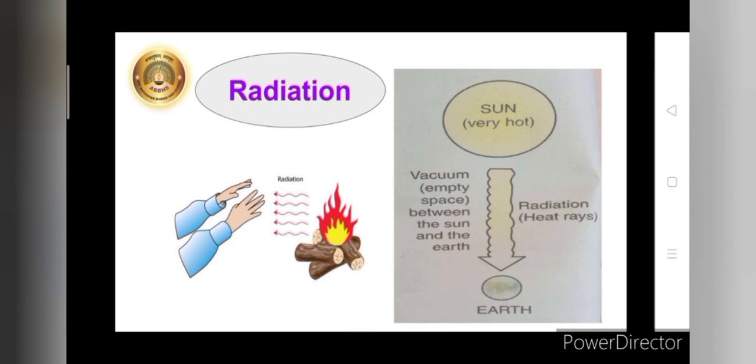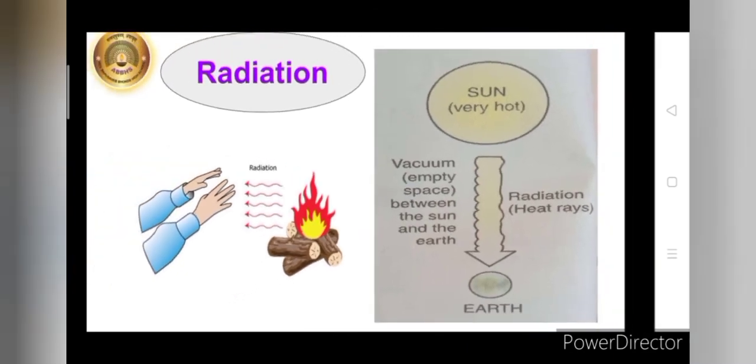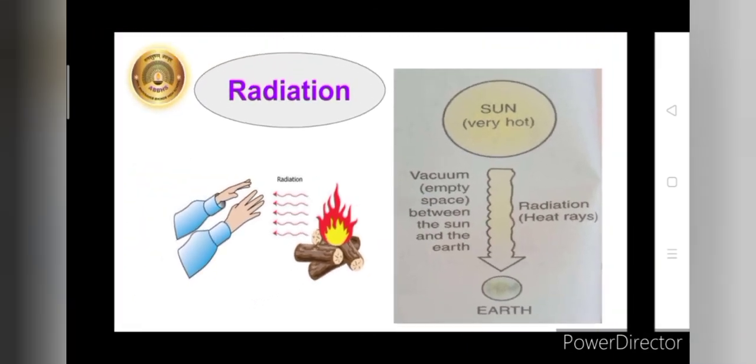Even then the heat reaches the earth because transfer of heat by radiation doesn't require any material medium. On the other hand, conduction and convection require a medium like solid, liquid or gas. They cannot take place in vacuum or empty space.